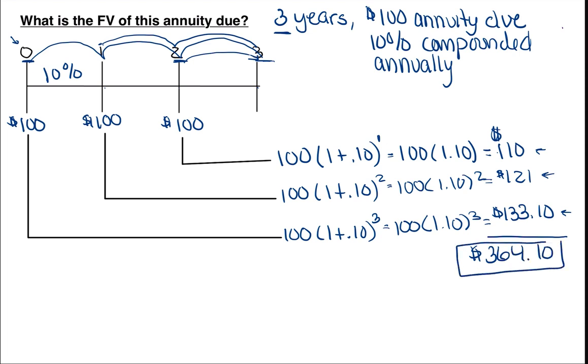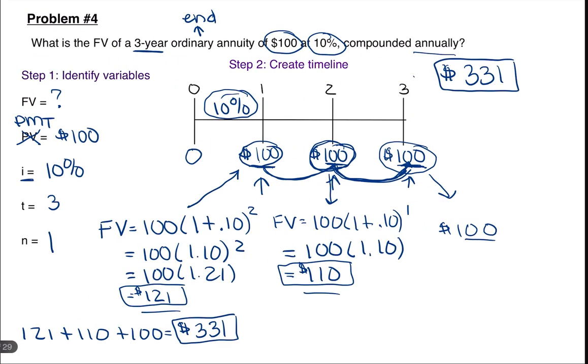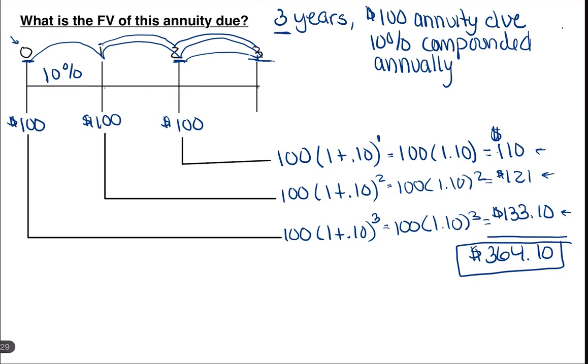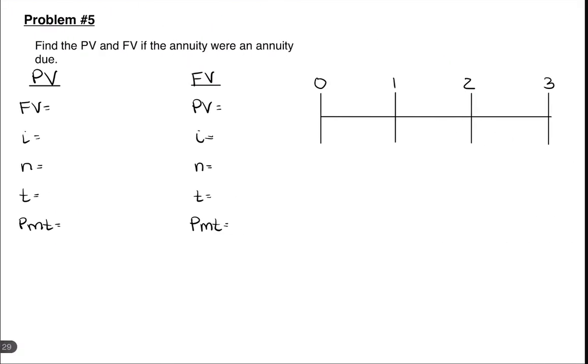So that is the future value of an annuity due, a 3-year annuity due at $100, 10% compounded annually, compared to my ordinary annuity, which is $331. Because it is being compounded more, we're seeing a larger amount at the end of the final period, right? Okay.